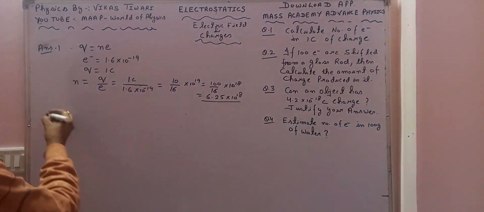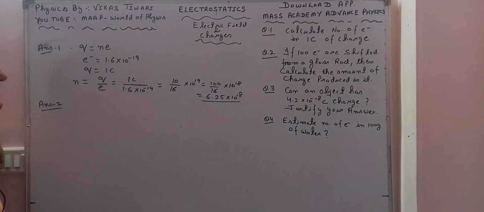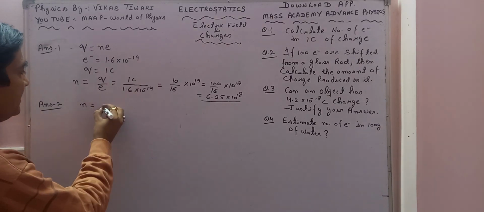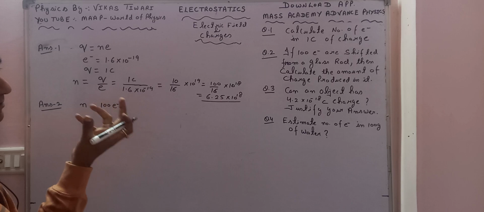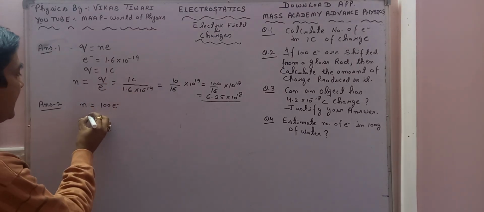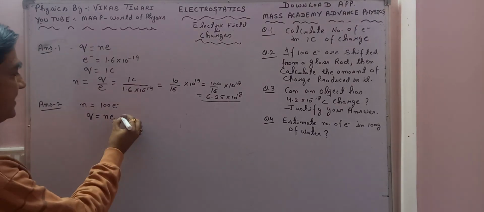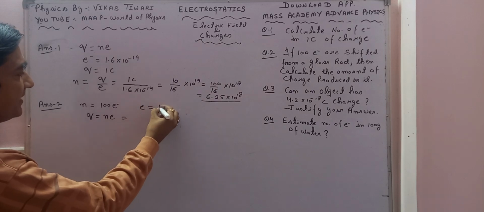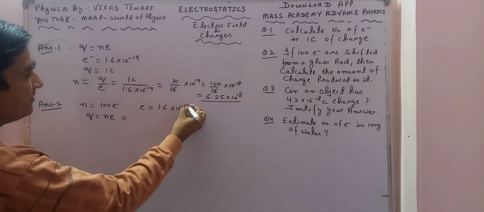Here, the parameter given in the question is the number of electrons, which is 100. It is asking for the amount of charge, meaning the magnitude of charge produced in it. As we know, Q is equal to N into E, and we know that electronic charge is 1.6 into 10 raised to power minus 19.